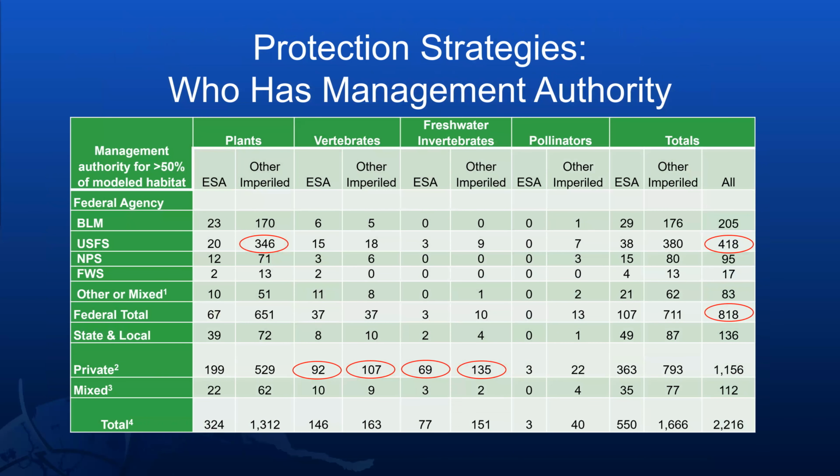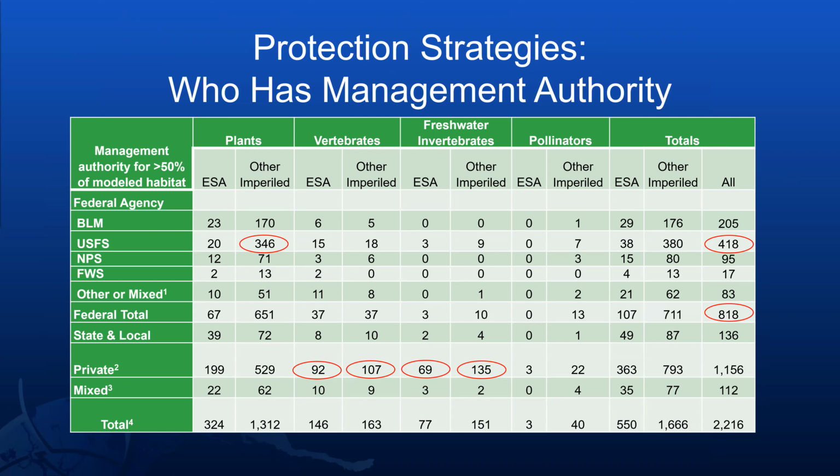We can also ask, who's most responsible for taking action to prevent extinction of these imperiled species? Again, using the US Protected Areas database, this table shows management responsibility for the numbers of species where over half of their modeled habitat extent is on land managed by these different categories of landowners.